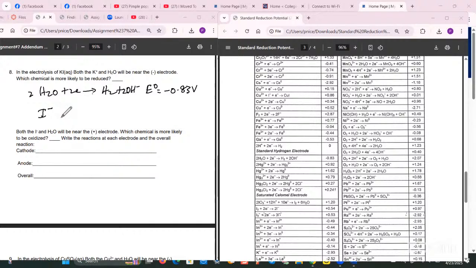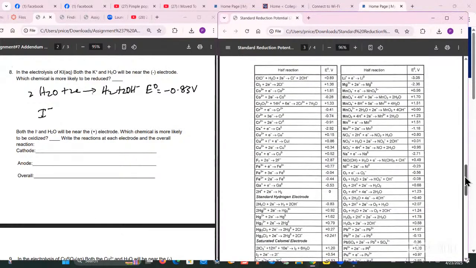So what I have to do now for this question is look up the value for I. You know what? I'm confusing myself. What I'm doing here is for the question that we did already. What did I say the answer was for number 8?